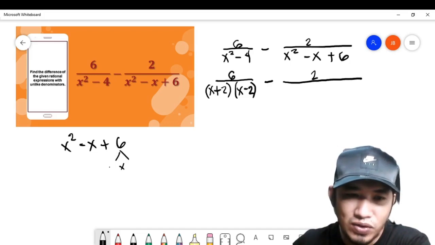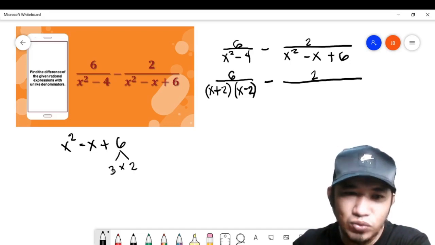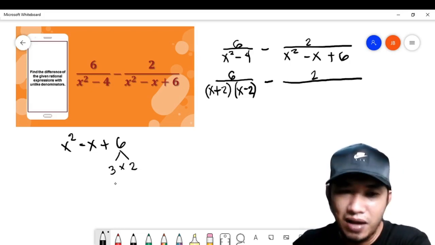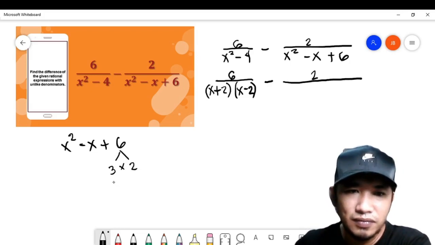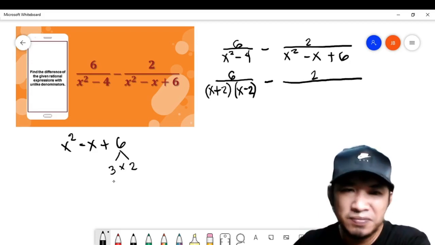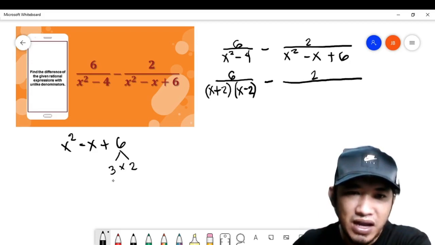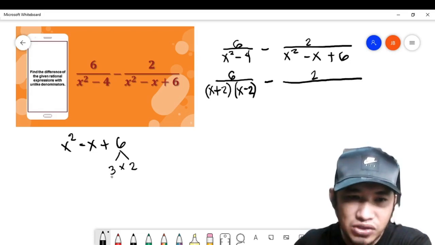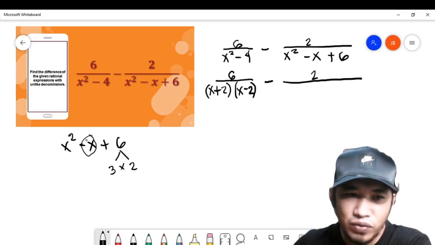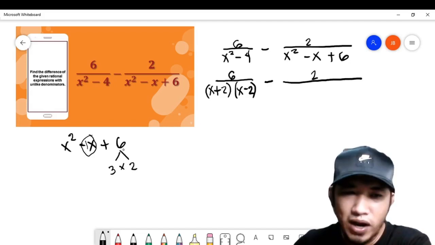Okay, so 3 and 2, kasi 3 times 2 is positive 6. Tama. Okay, na kapag pinag-add naman natin siya, dapat ang sagot is yung nasa gitna na number, which is negative 1. Alright? So negative 1 ha, take note.